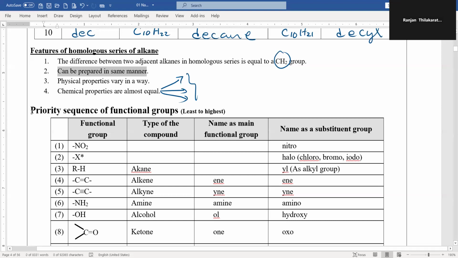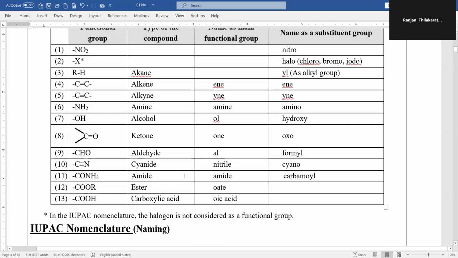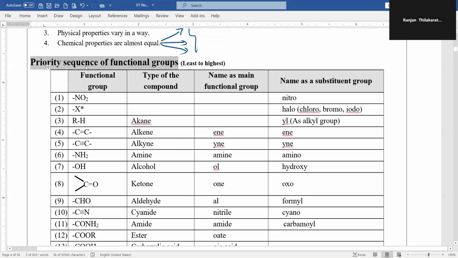And the other thing you need to know is the priority sequence of the functional groups. No need to understand right now. Automatically, you will understand that while we are doing it, because I am teaching you in the increasing order of their reactivities, according to the priority sequence. So you will automatically understand that.